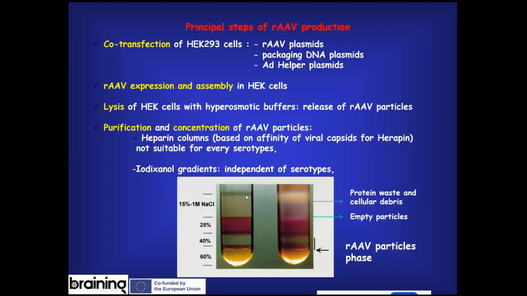So what you do, you prepare a gradient where you do a hyperosmotic phase, then you do 3 different phases of iodixanol at 3 different concentrations. So this is how a gradient looks like, and you put this virus on top. And since iodixanol is acid, this color is due to a phenol red, which is a pH indicator, which can allow you to distinguish between the phases.